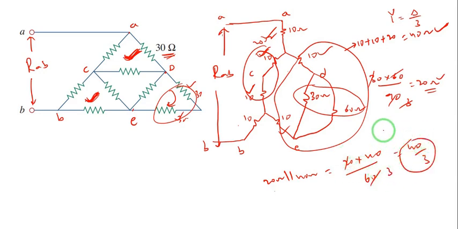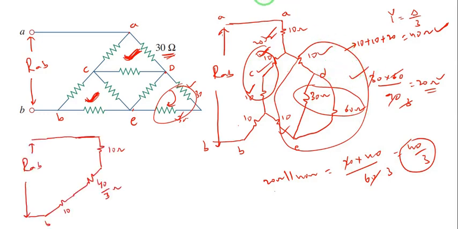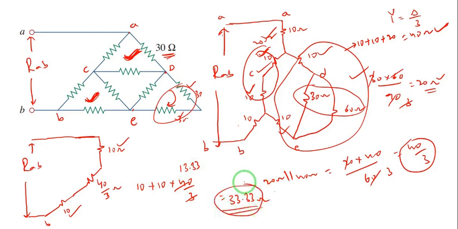The resultant circuit will appear like this: 10 ohms, 10 ohms and 40 by 3 ohms in series. 40 by 3 is 13.33, so 10 plus 10 plus 13.33 gives 33.33 ohms. This is the equivalent resistance between terminals A and B.